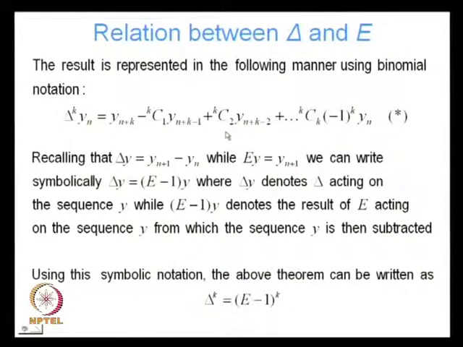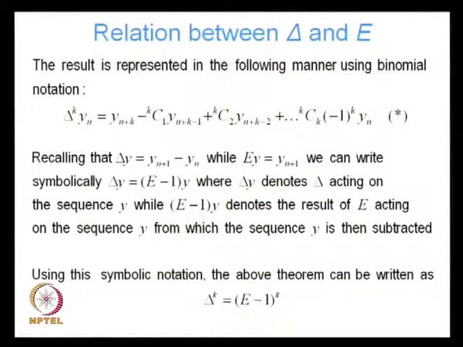Now, let us take a step back and recall that delta y is equal to yn plus 1 minus yn, and since Ey is equal to yn plus 1, we can write symbolically delta y is equal to E minus 1 operating on y, because E operating on y gives yn plus 1, minus yn. That is equivalent to operating on yn with delta.